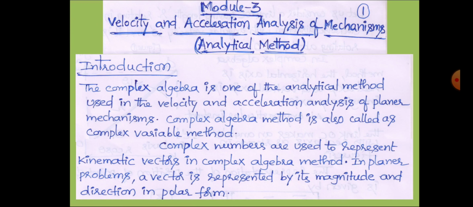So, in this chapter, our focus is to find velocity and acceleration of some mechanisms, namely only two mechanisms. One is the 4-bar mechanism and the other one is the slider crank mechanism. So, what is the objective of module 3?